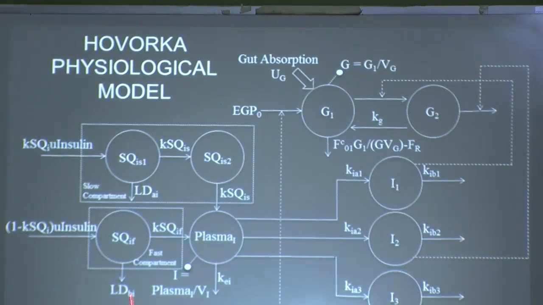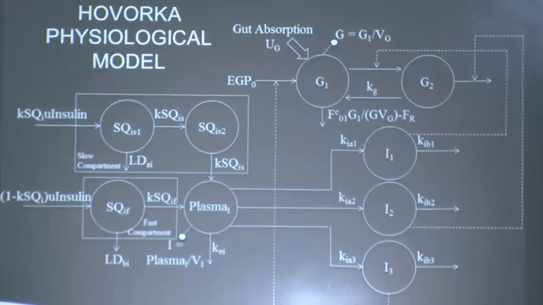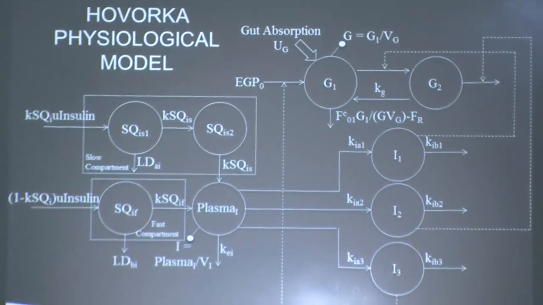And then here we have the fast compartment, and this describes insulin's diffusion into the subcutaneous layer, but because the subcutaneous layer is very non-uniform, it will hit a capillary or some easy access into the plasma. And then these action subsystems are how insulin affects glucose. They're responsible for transport, disposal, and endogenous glucose production.